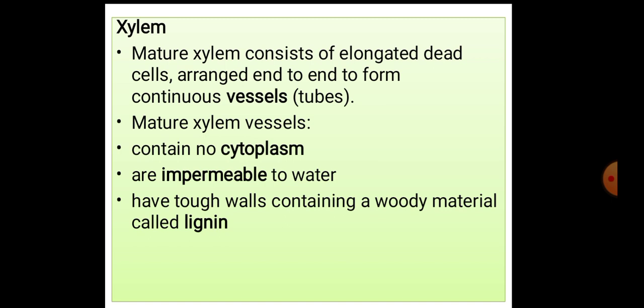Xylem parenchyma cells are living and thin-walled, and their cell walls are made up of cellulose. They store food materials in the form of starch or fat and other substances like tannins. Likewise, guys, you can see some more important things.